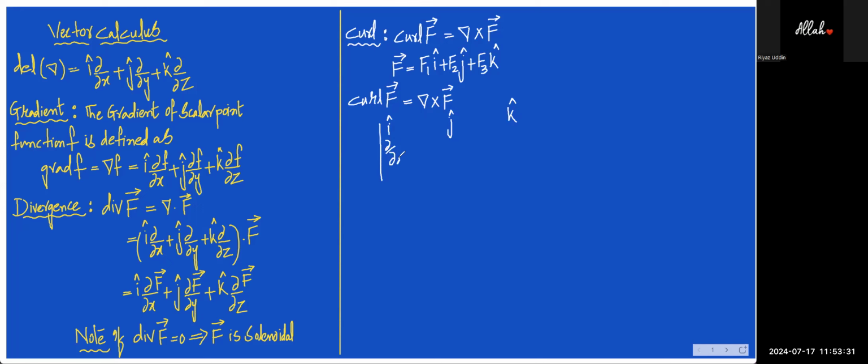And here the important note is, if curl f value is equal to 0, it means that f is irrotational.